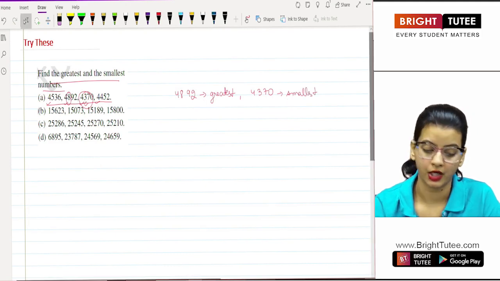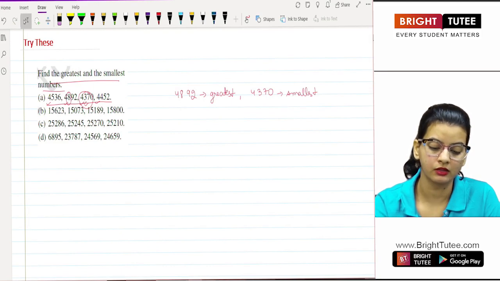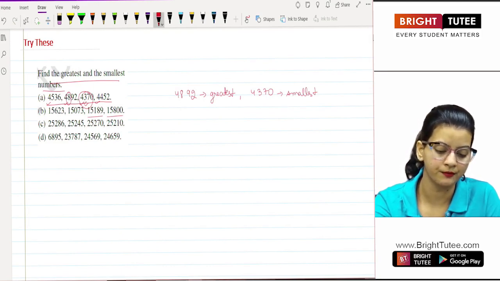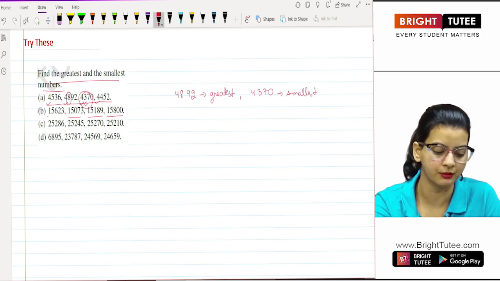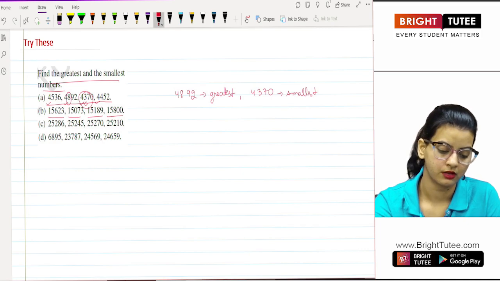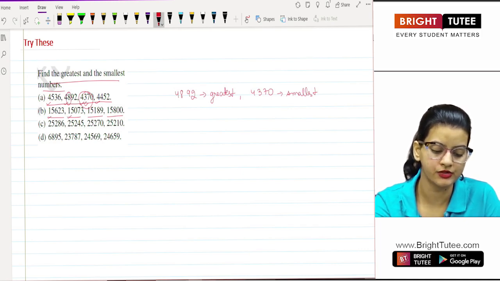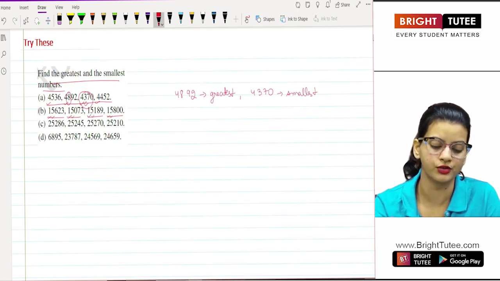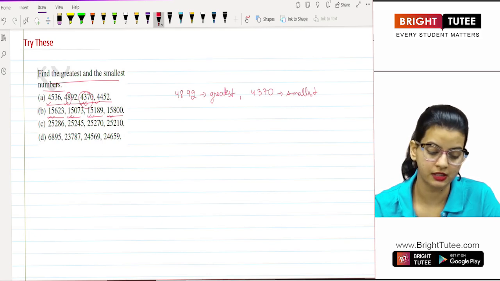Alright. Then the next comparison. Again over here we have 5-digit numbers. So we are going to compare the digits in the 10,000s place. All the digits in the 10,000s place are the same, and all the digits in the thousands place are also the same. So we are going to compare the digits in the hundreds place.